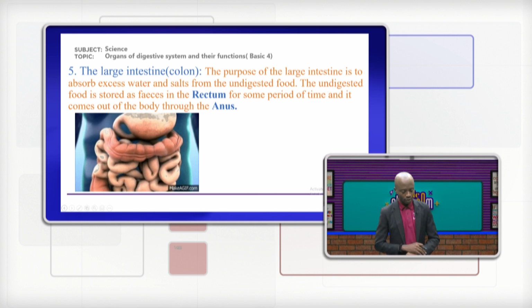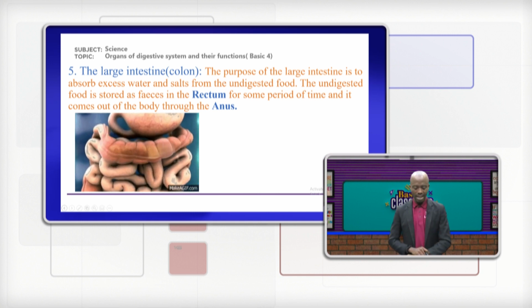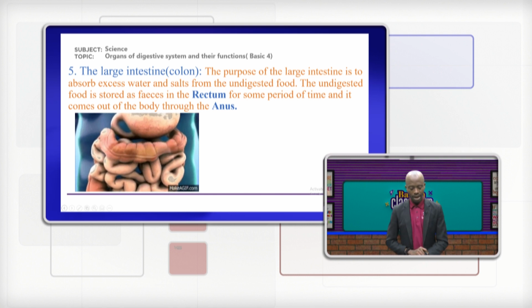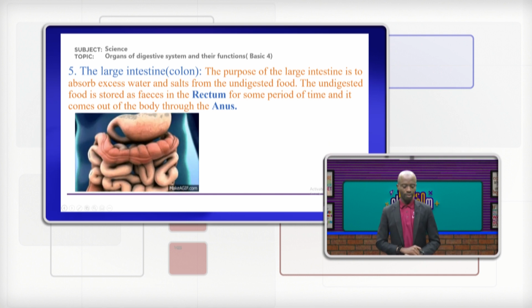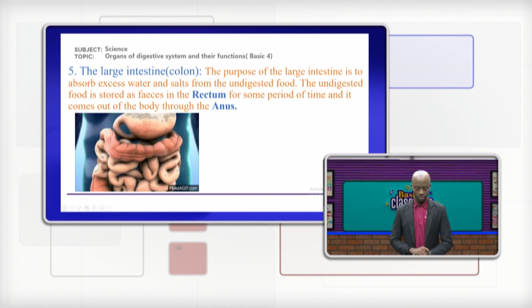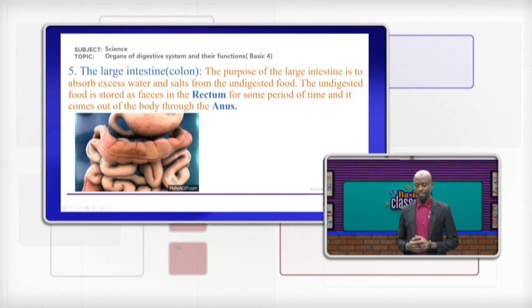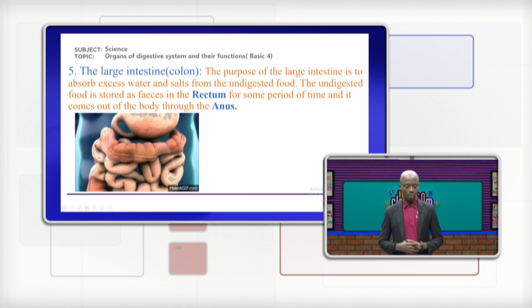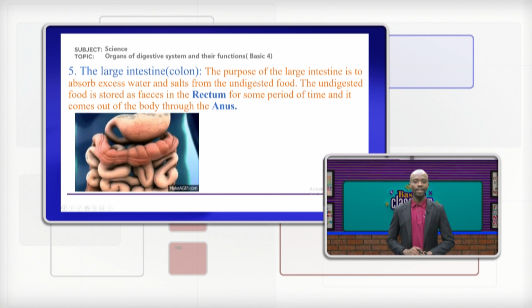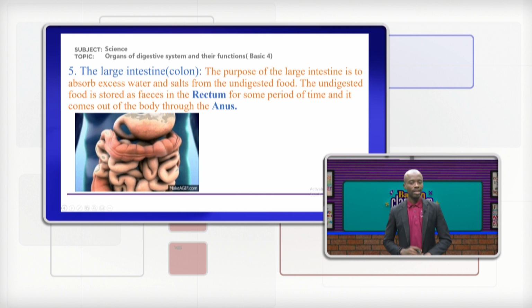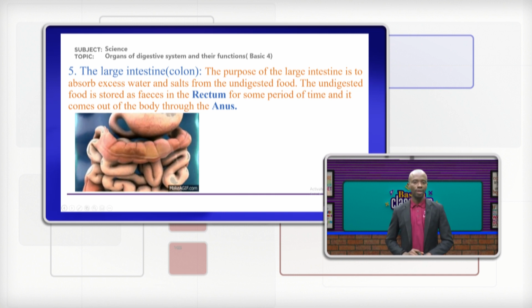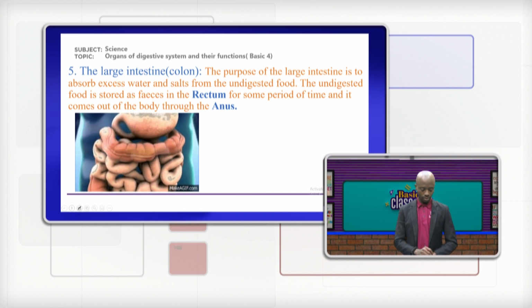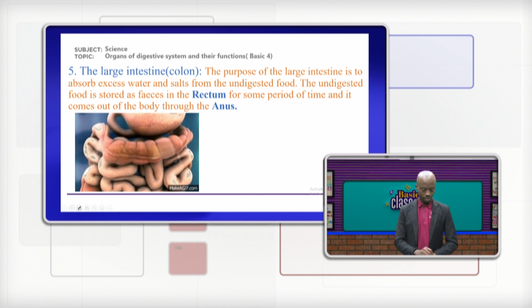The undigested food is stored as feces in the rectum for some period of time, and it comes out of the body through the anus. So remember, the purpose of the large intestine is to absorb excess water and salt from the undigested food, and then the rest gets into the rectum, and finally comes out from the anus.